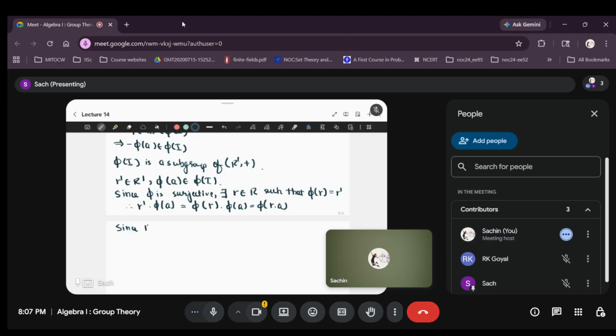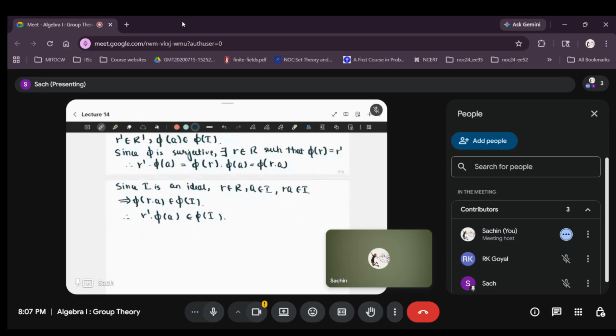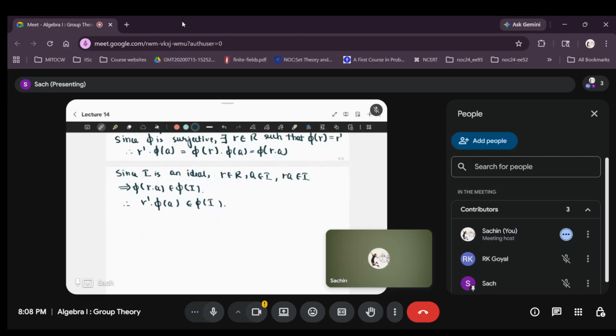Since I is an ideal, r is in R and A is in I, so rA is also in I, which implies phi of rA is in phi of I. Therefore, R prime times phi of A, which is equal to phi of r times A, belongs to phi of I. So we have shown both conditions.